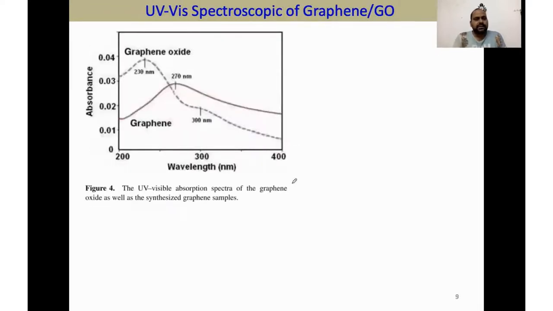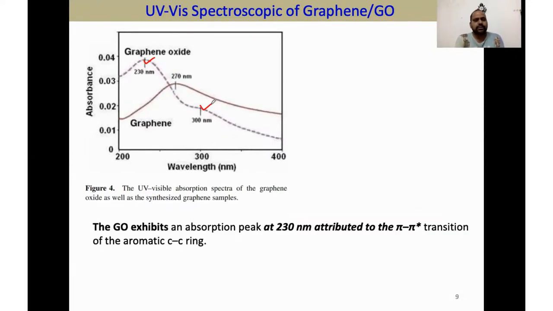And if you see this absorption data, wavelength versus absorption, in the case of graphene oxide we are able to see one peak at 230 nanometer, and there is another small peak here, not exactly a very good peak, but it looks like a peak at 300 nanometer.